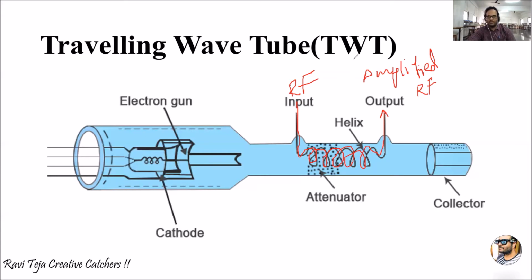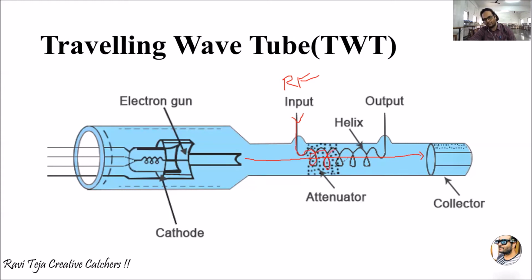The first step: as soon as a power supply is given to a traveling wave tube, the electron gun keeps on emitting electrons. These electrons are collected at the collector end. Now, whenever an RF signal is given as an input, it moves at the speed of light, traveling through the helical structure.